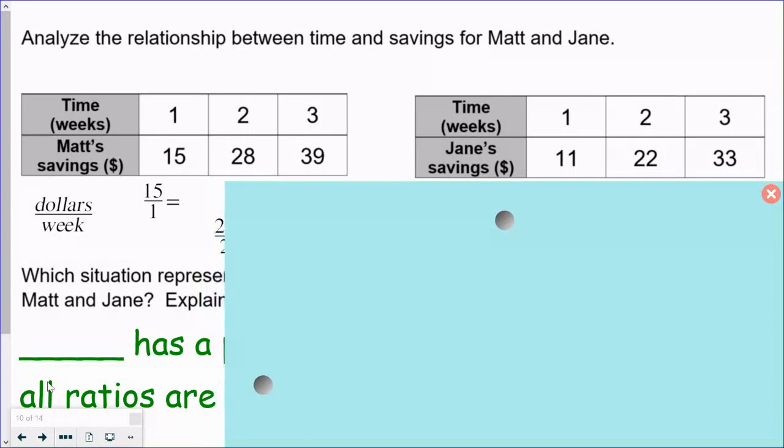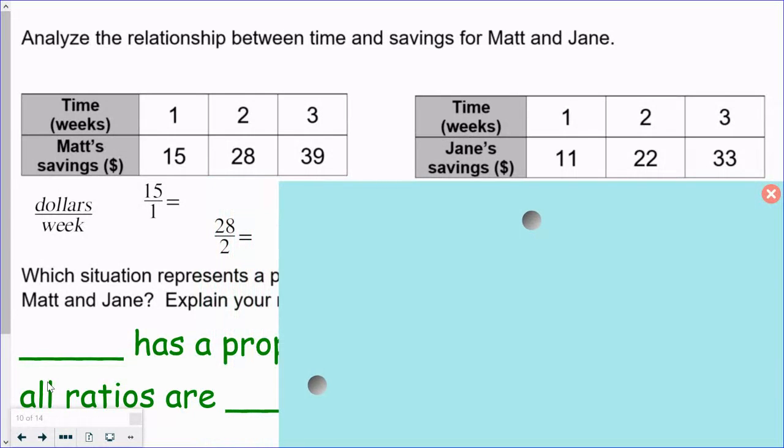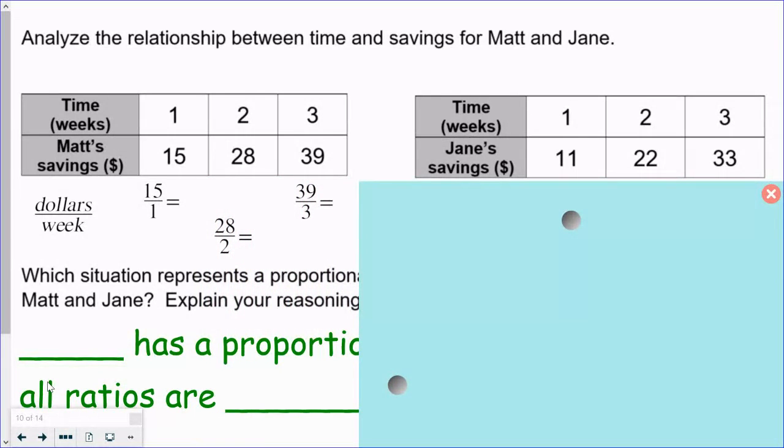The first one, obviously, you want to take 15 divided by 1, which is 15. Then take 28 and divide that by 2 to get your 14. And then take 39 and divide it by 3 to get 13. That's the unit rate for each of those ratios for that one.